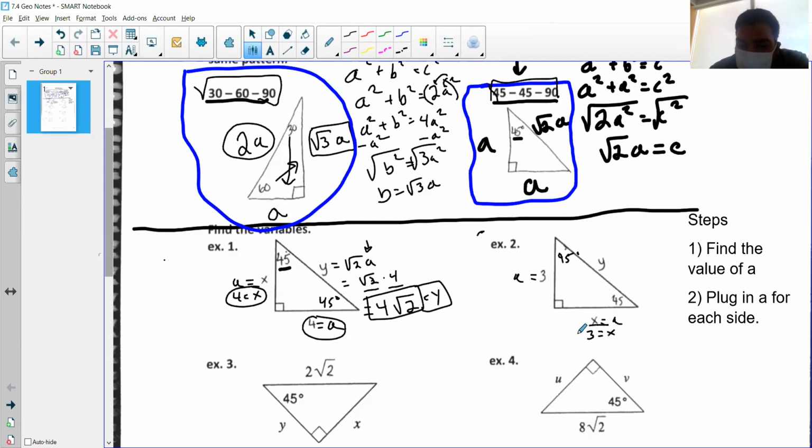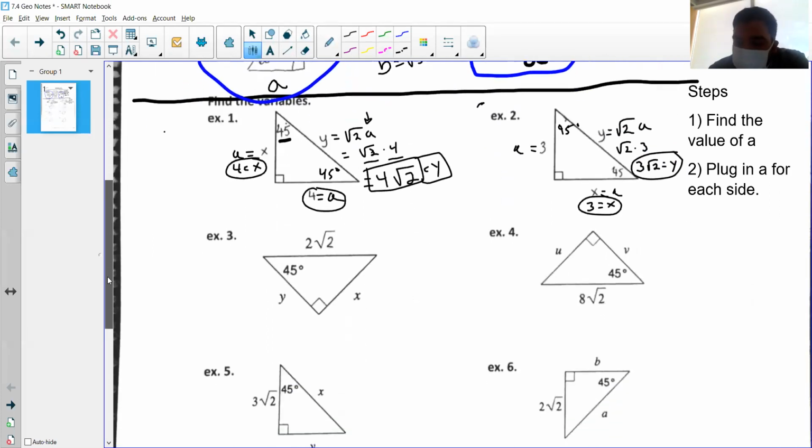So 3 equals X. That's easy. Here, Y is the hypotenuse, which is root 2A. But I know A is 3, so I'm going to plug in 3 here. Root 2 times 3. They're not the same type of root, so 3 root 2 equals Y. So notice all I'm doing is identifying what A is, then solving.